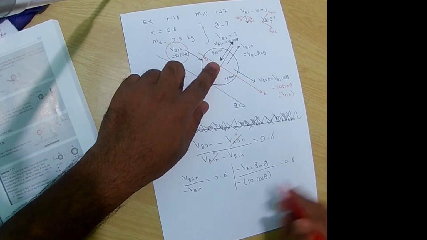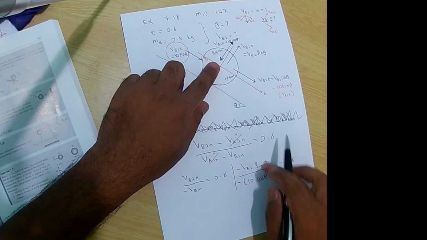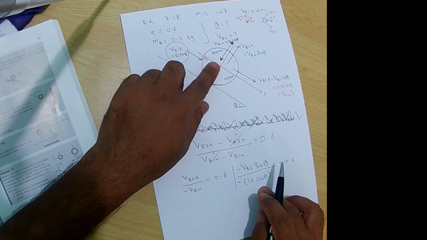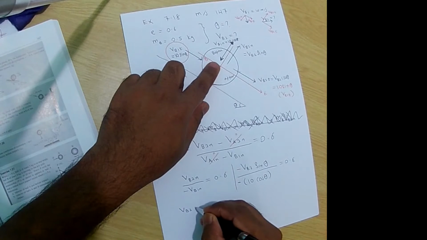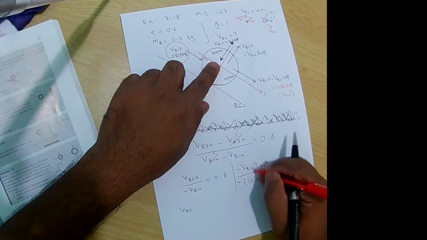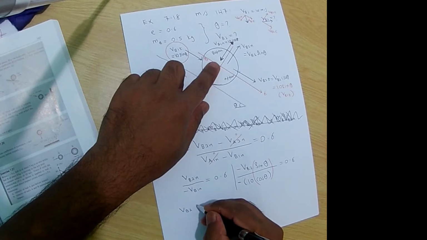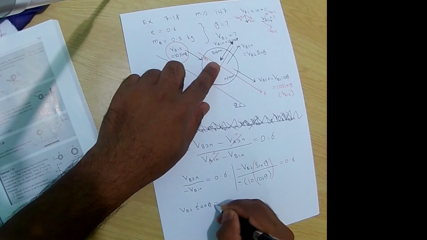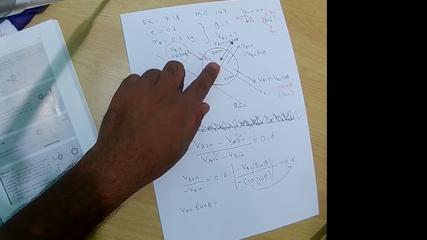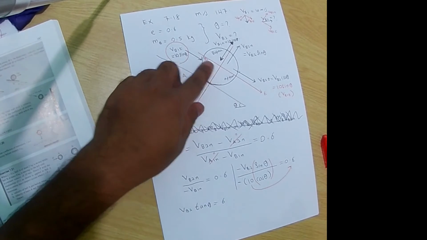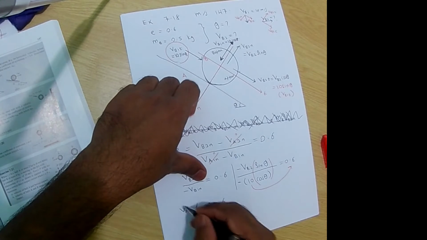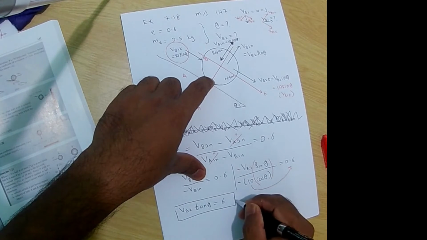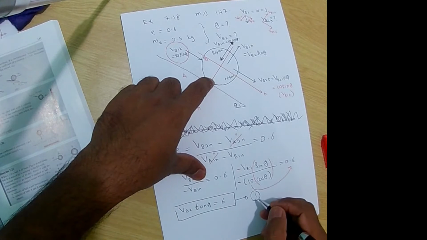I put 10 here, and sine divided by cos becomes tangent. So VB2 tangent theta equal to 6 is the first equation.